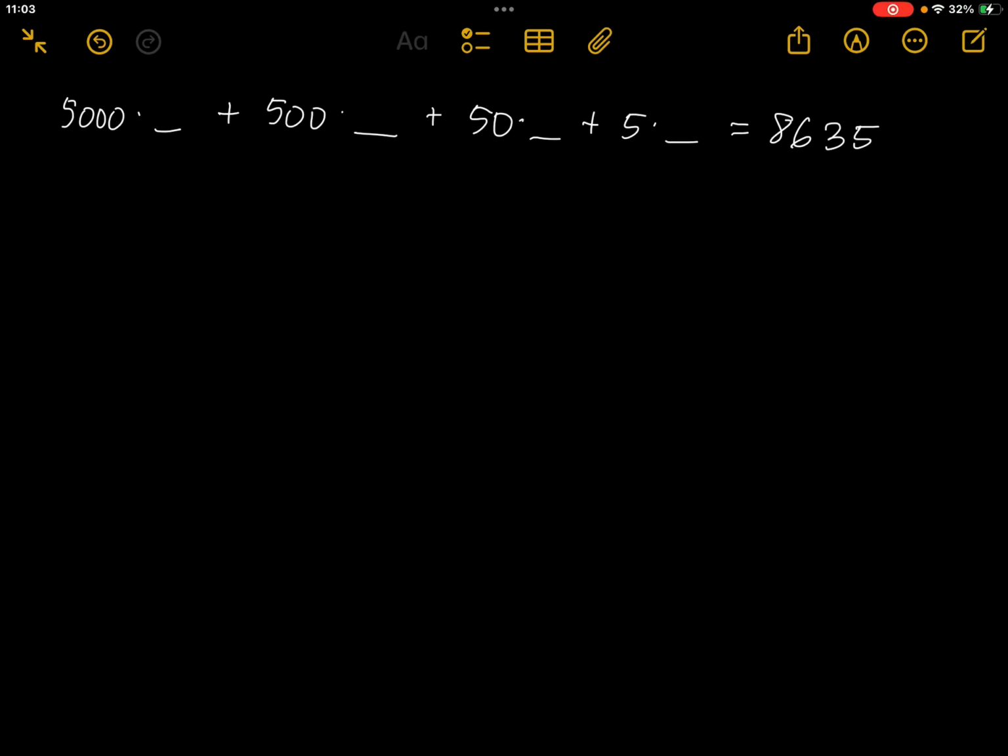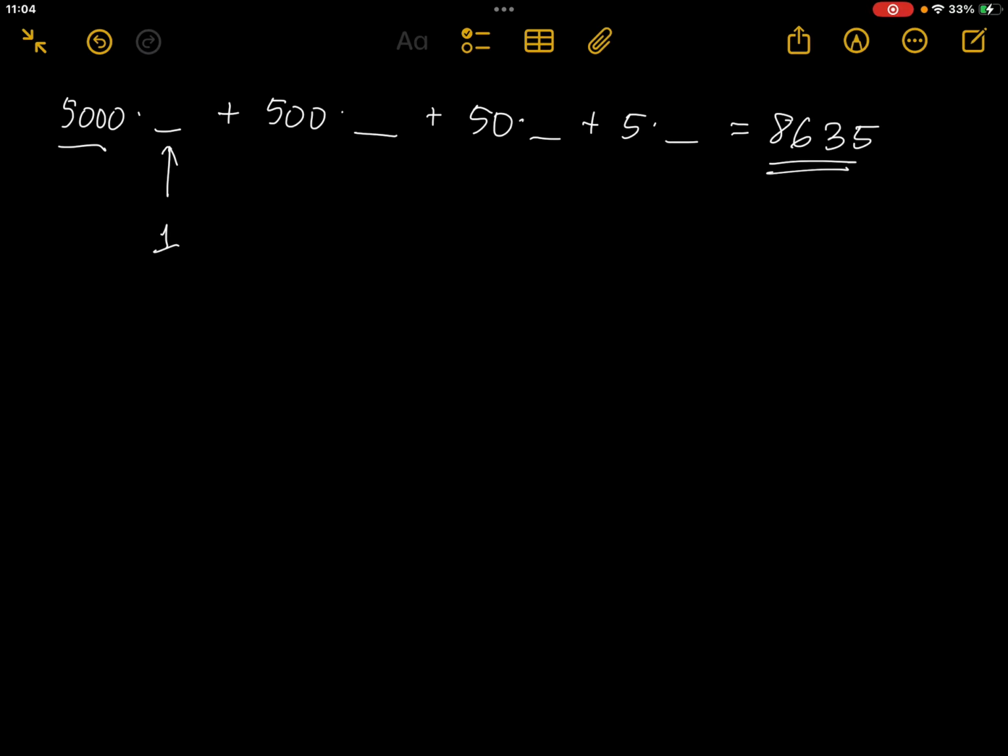Well, let's look at this first number. I look at the number 8,635 here, and I compare it to 5,000. 8,635 is more than 5,000, but it's less than 10,000. So what number goes in that blank? A 1, right? Because it can't be 2, because that would be 10,000, that's too much. So the number that goes here is 1.